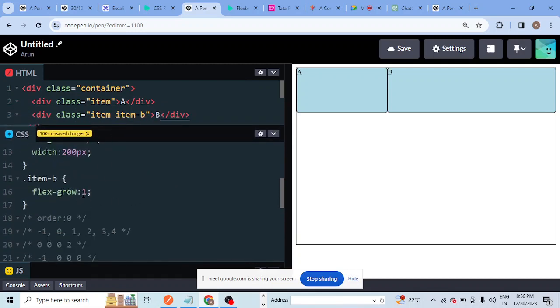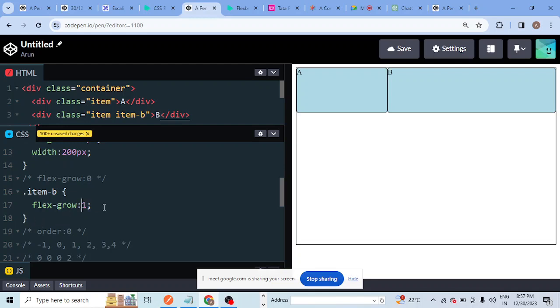We cannot call it 1%. Again, to understand this, the default value of flex grow is what? Zero. Which means even though there is an available space, the element will not grow.